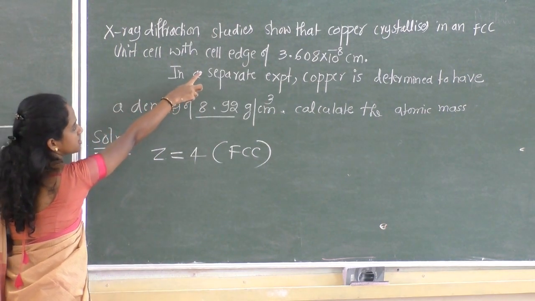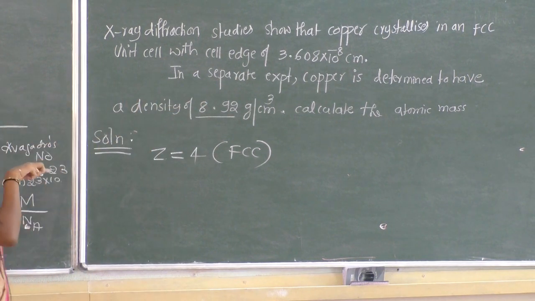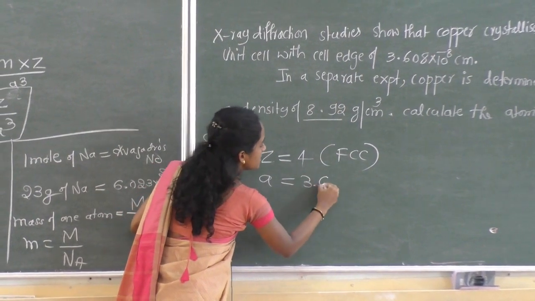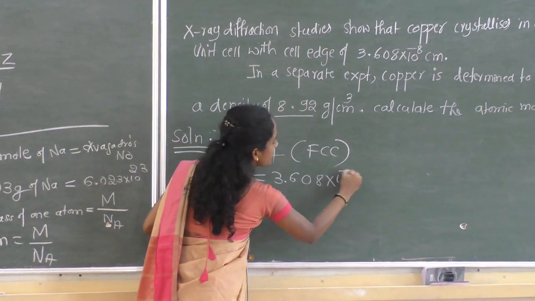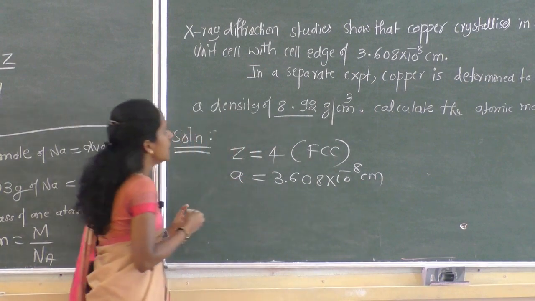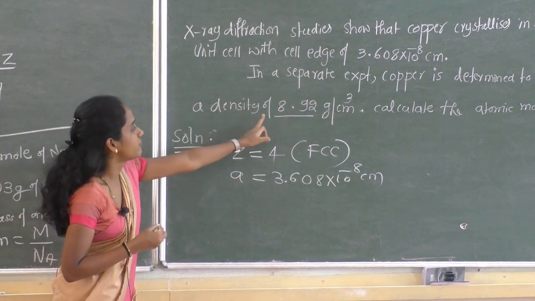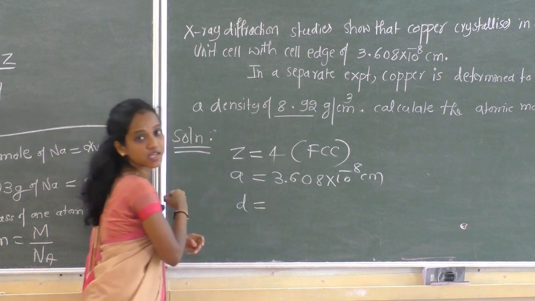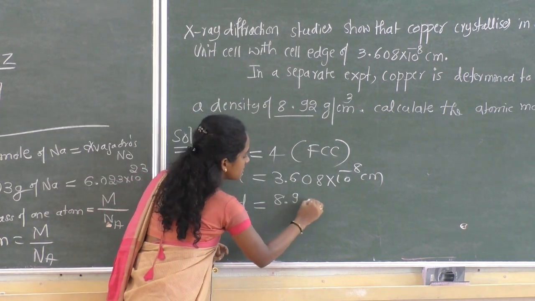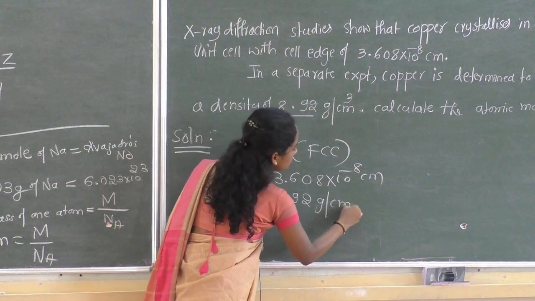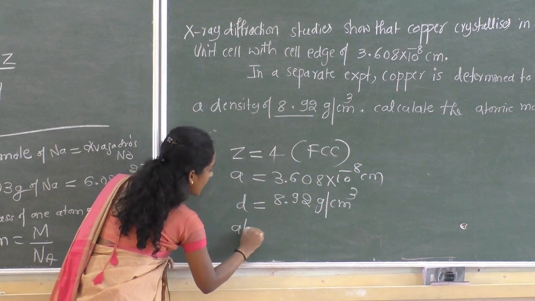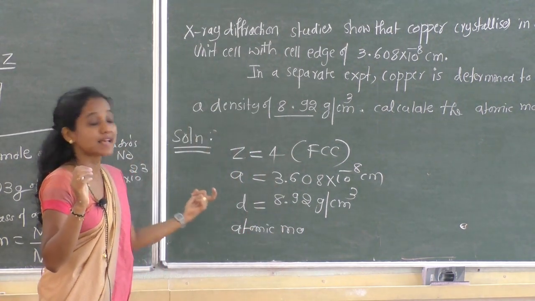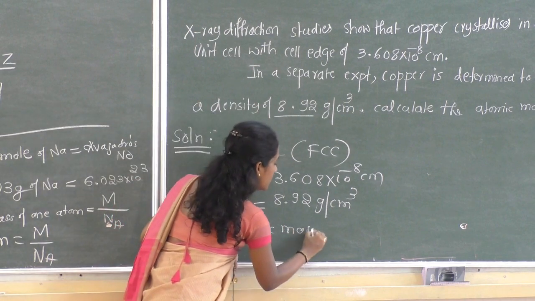Next, cell edge, the edge length is 3.608 into 10 to the power minus 8 centimeter. Next, the density of copper, small letter d, is 8.92 gram per cm cube. What we have to calculate? We need to calculate the atomic mass, not a molar mass. It is asked atomic mass of copper.